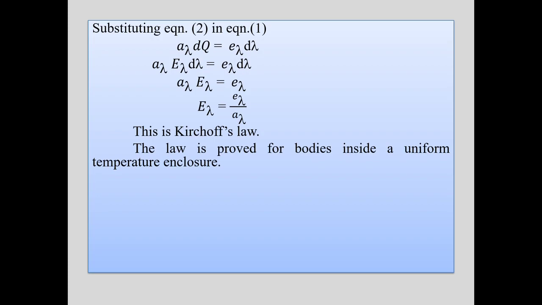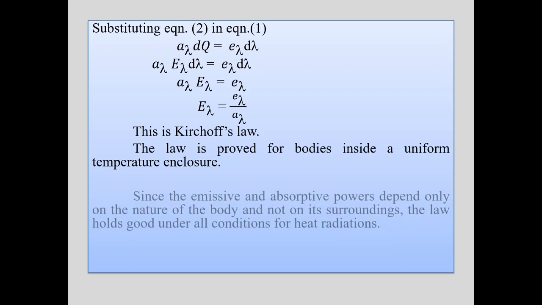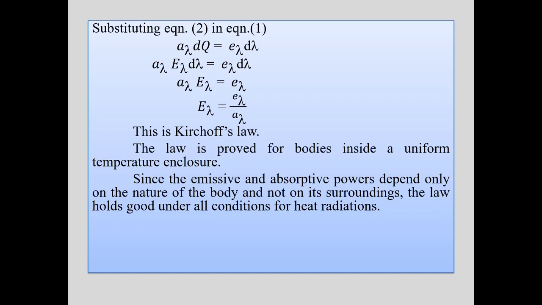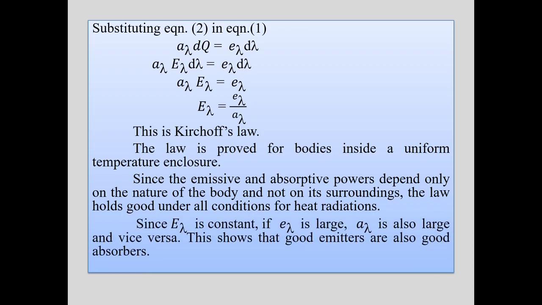Kirchhoff proved this only for bodies kept inside a uniformly temperature-maintained enclosure. But the emissive power and absorptive power depend only on the nature of the body, not on its surroundings. So Kirchhoff's law holds good under all conditions for all wavelengths of heat radiation.